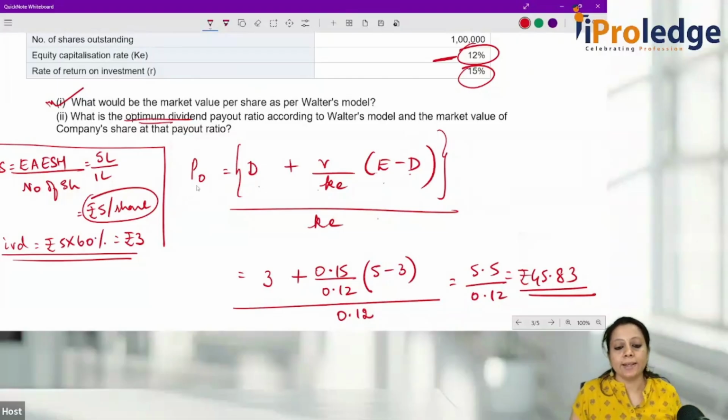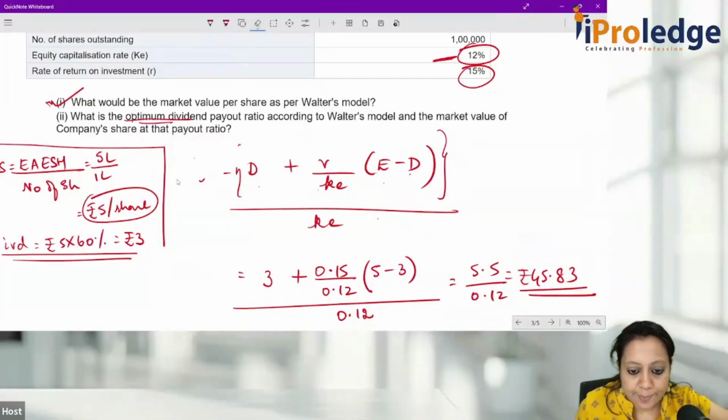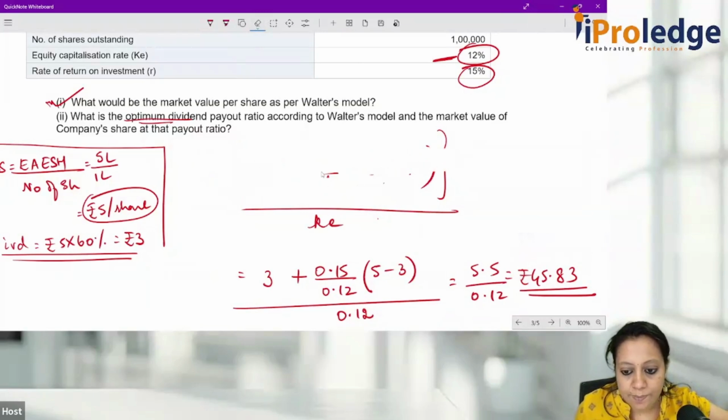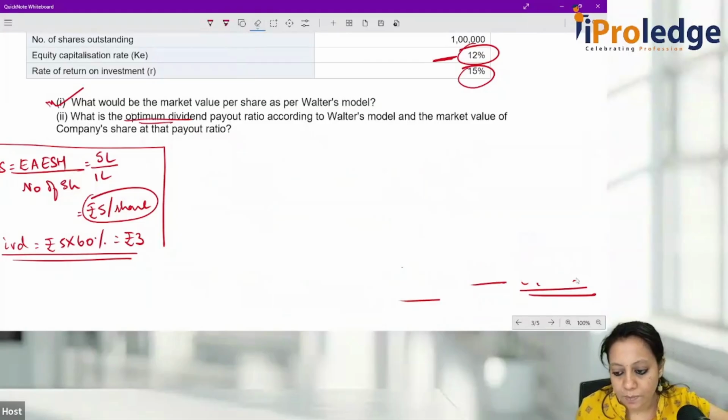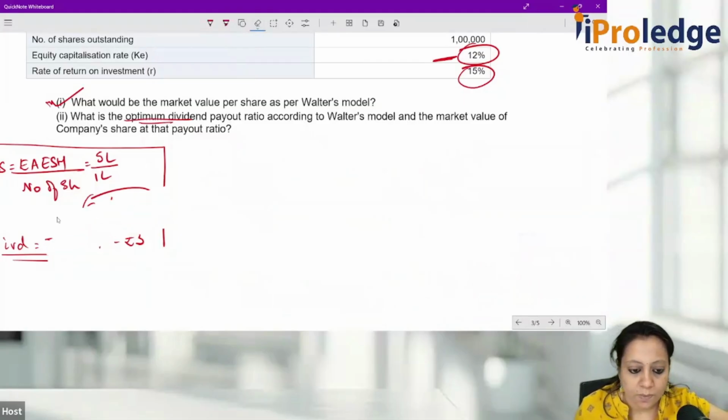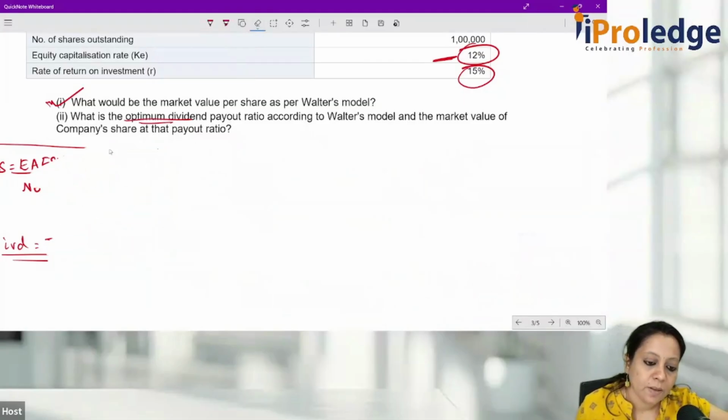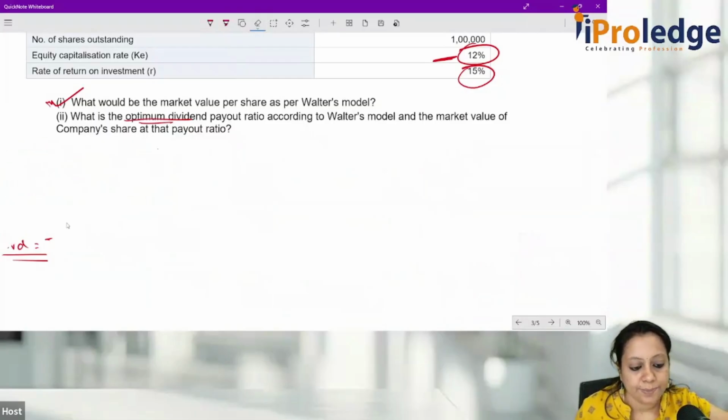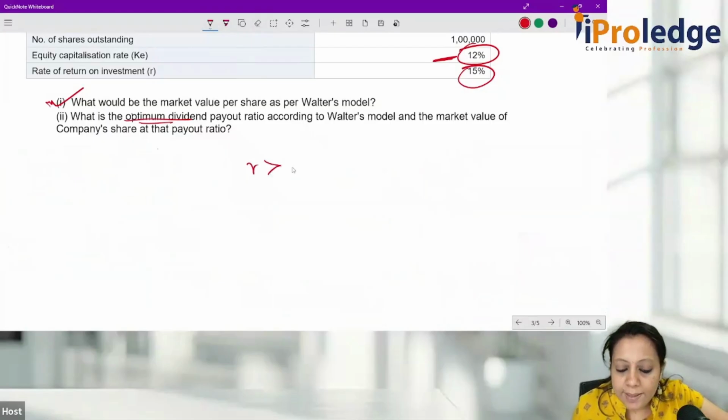Now we will answer the second subdivision. Now, here you see R is greater than KE. How do I know? 15% is greater than 12 percentage. I'm comparing these two.